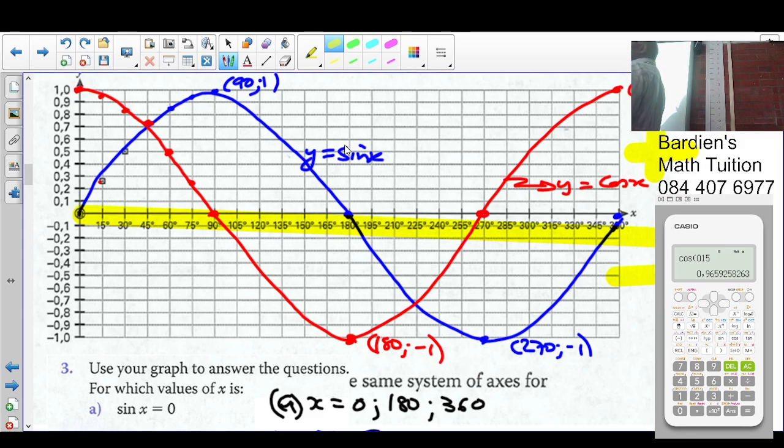You understand, people? So where is sine of x positive? Sine of x is the blue graph. You all agree that it is more than 0 from there till there. So in other words, it's from 0 to 180. You guys see that?